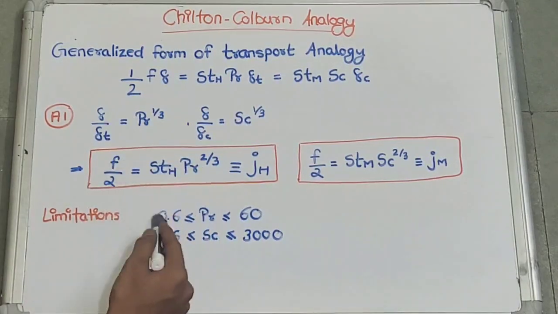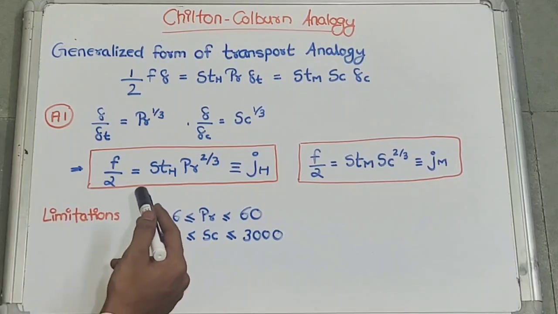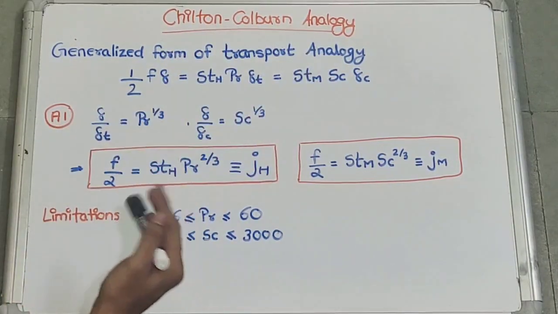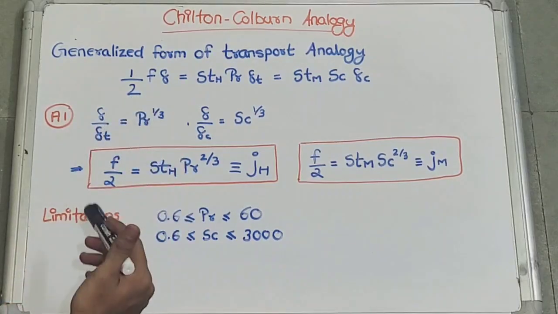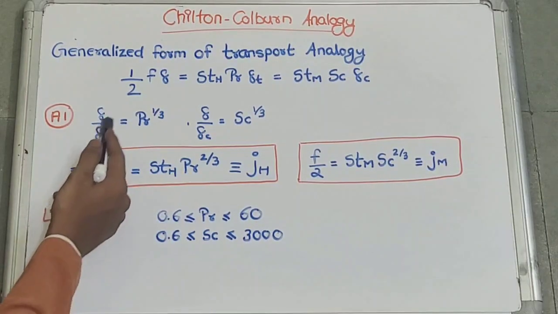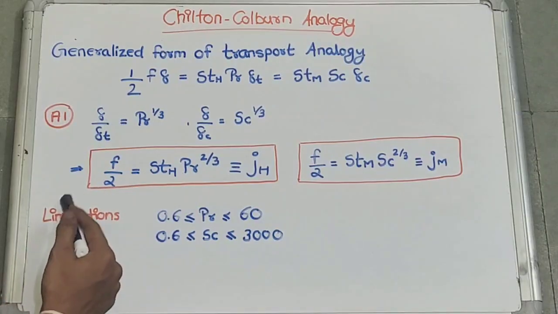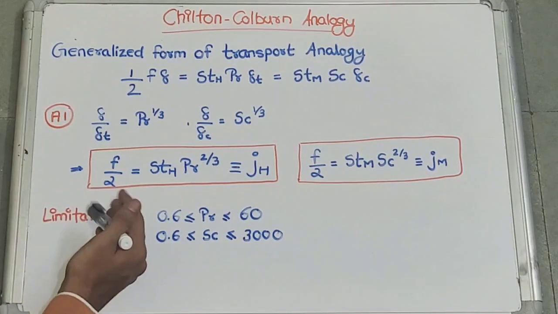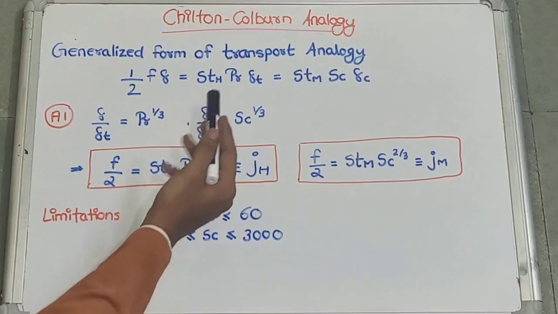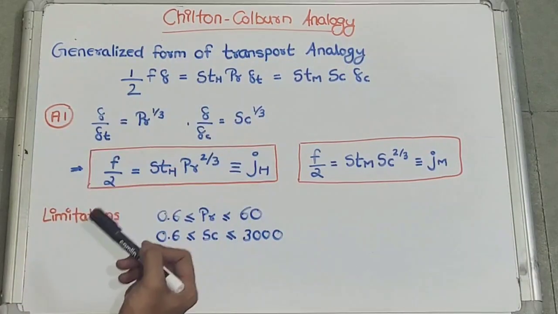In the previous derivation of Reynolds analogy, we assumed that all these three thicknesses were equal, but here the assumption is different. Here we assume the thickness ratio delta by delta T as Prandtl number to the power 1 by 3. Similarly, the thickness ratio delta by delta C is equal to Schmidt number to the power 1 by 3.